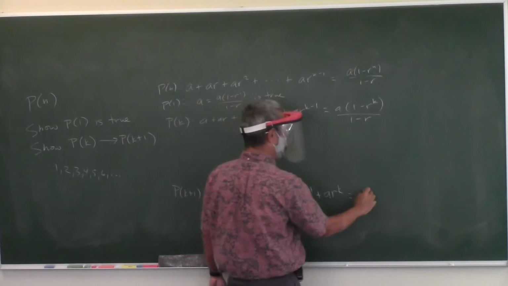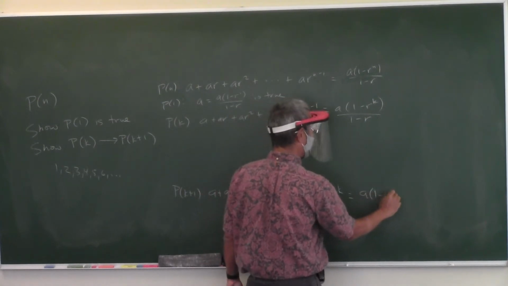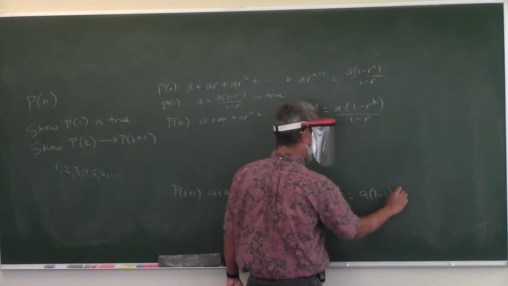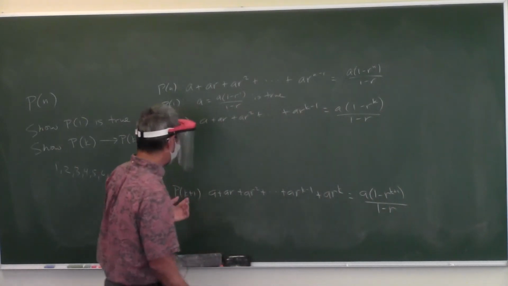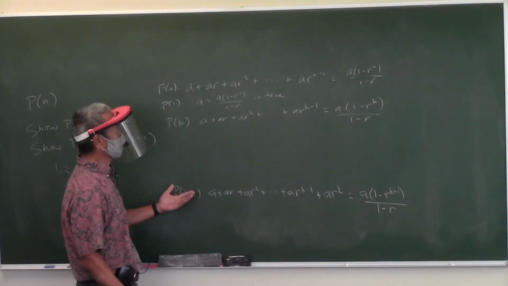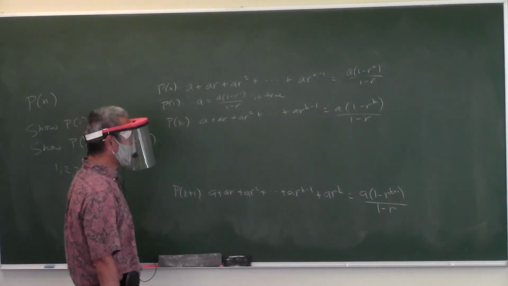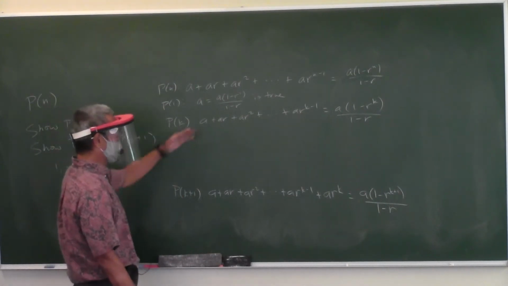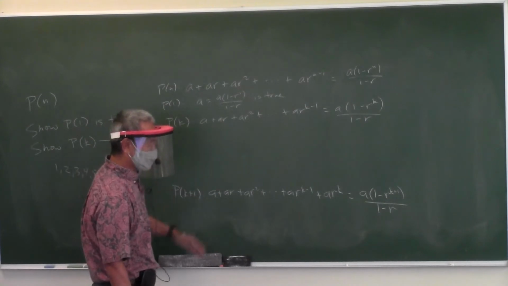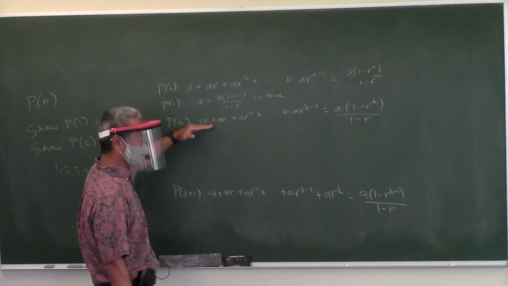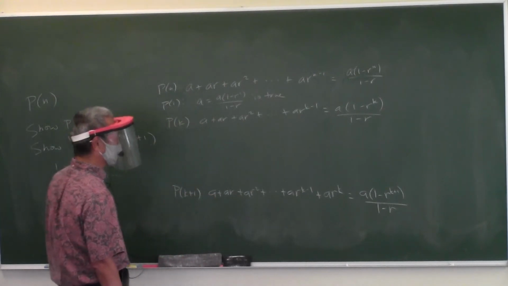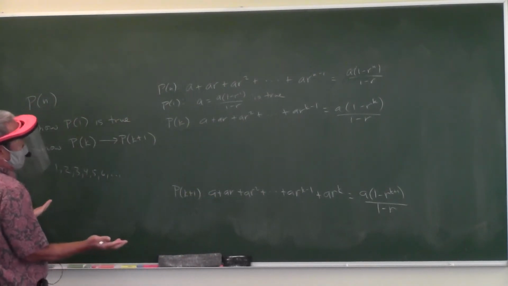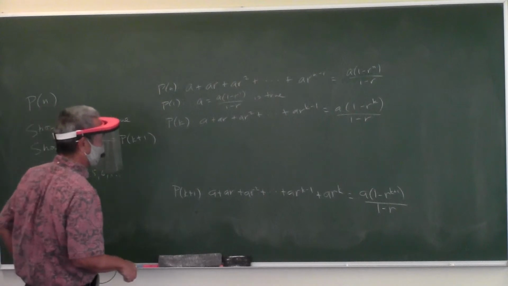Equals A times 1 minus R to the k plus 1 all over 1 minus R. Basically, you're substituting k plus 1 for n. That's what you're doing, right? So this is what we have to show. See how we have to fill in the things here. If this is true, then this statement has to be true as well. So basically, you're just going to use algebra to show it. It's not difficult.